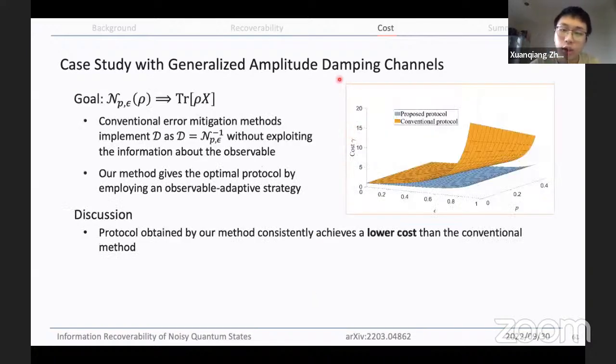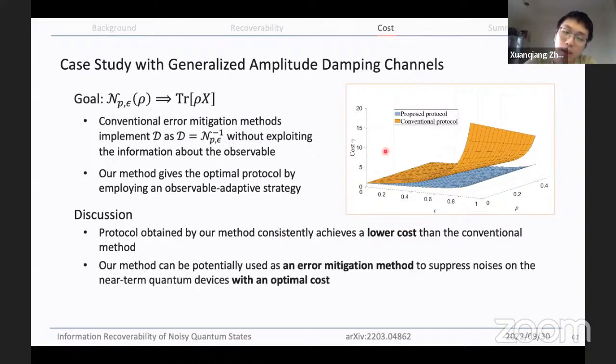And as shown on the right hand side, there is a figure that compares the cost of our method and the conventional error mitigation method. So it shows that our method consistently achieves a lower cost than the conventional method. It implies that our method could potentially be used as an error mitigation method to suppress noise that's common on near-term quantum devices, and it achieves an optimal cost.